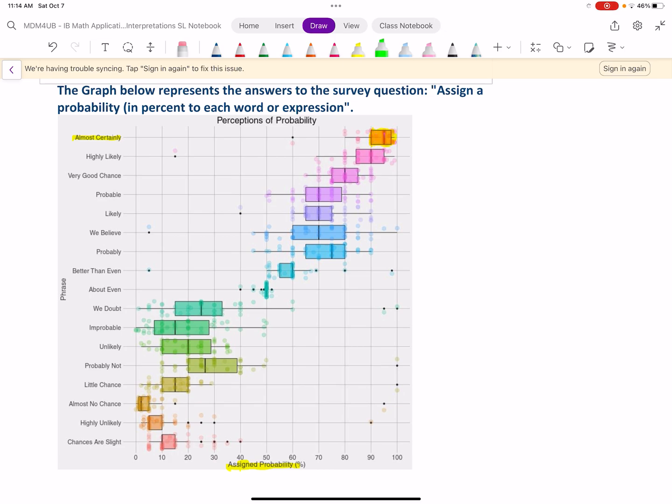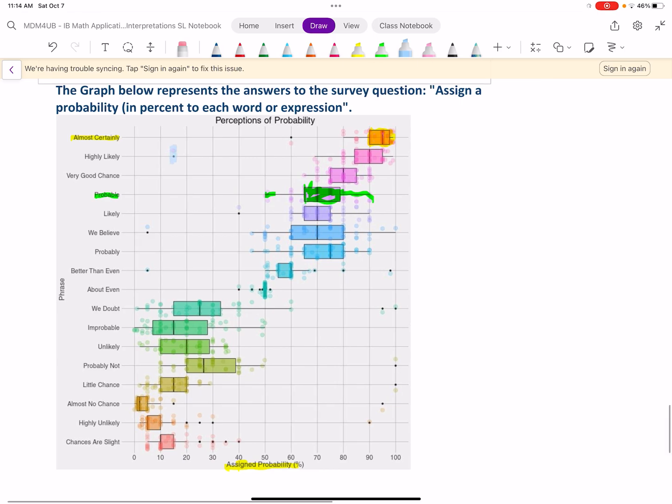And if you enjoy language as well as math, you can appreciate this kind of stuff. If something was "probable," everyone said above 50%, but most people said above 60%, 75% of all the people. And some of these dots you can see out here are outliers.